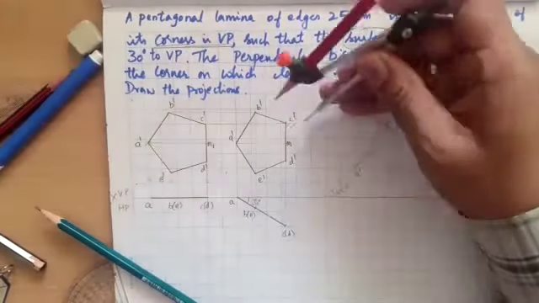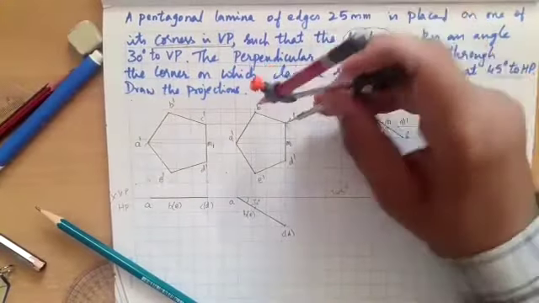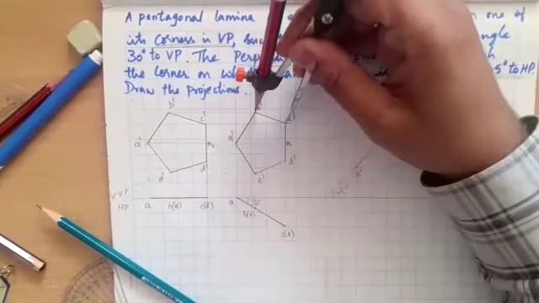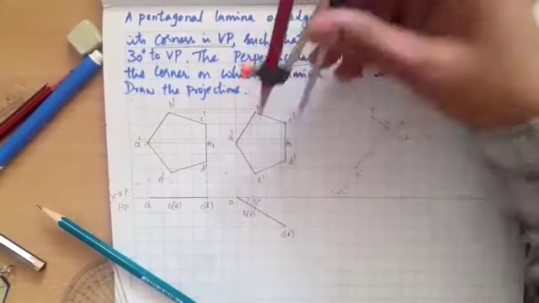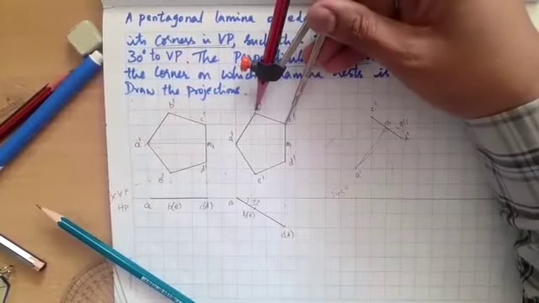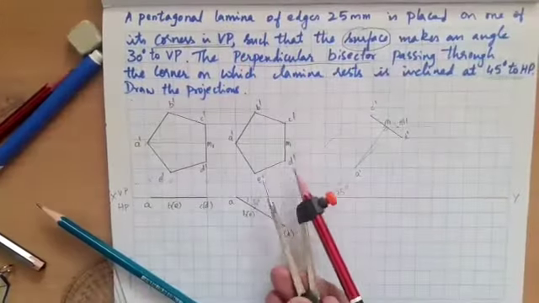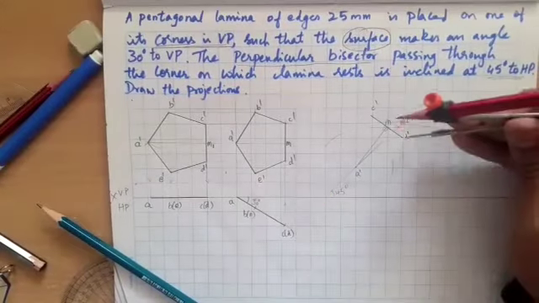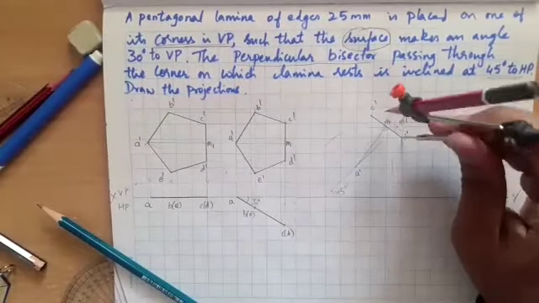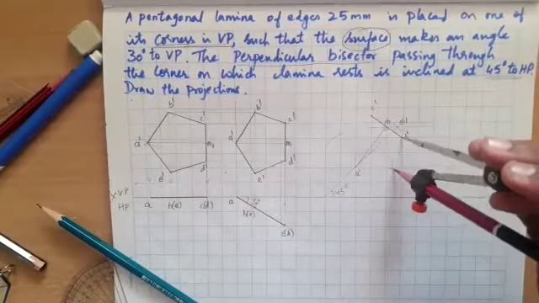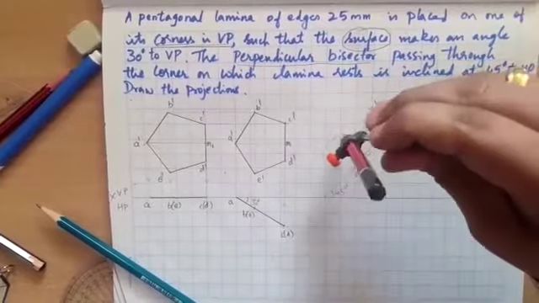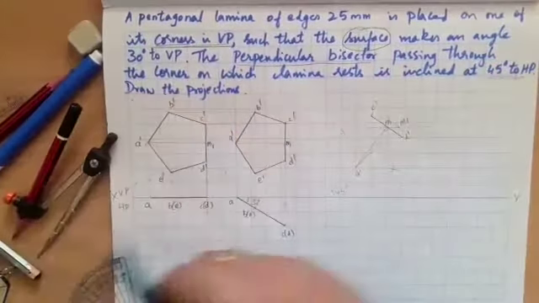Next, from C dash, I'll take the measurement to B dash. C dash B dash is equal to D E. So from D dash, draw an arc here on this arc, which will be equal to C dash to B dash, which will be here.